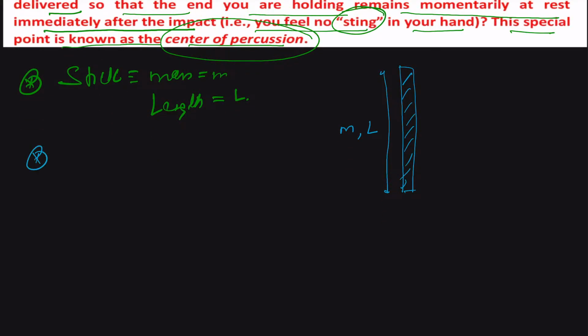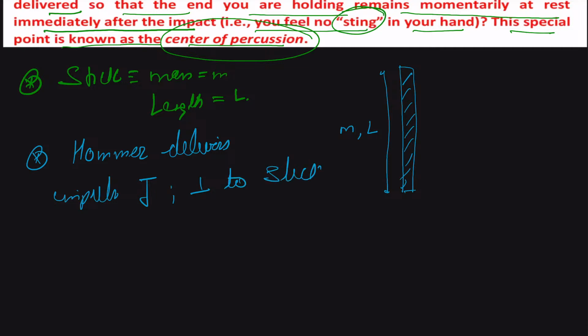So we can say that the hammer delivers impulse J perpendicular to the stick at a distance x from the held end.